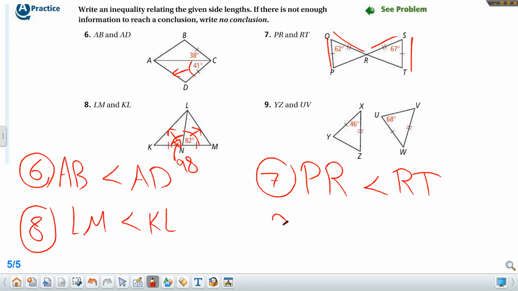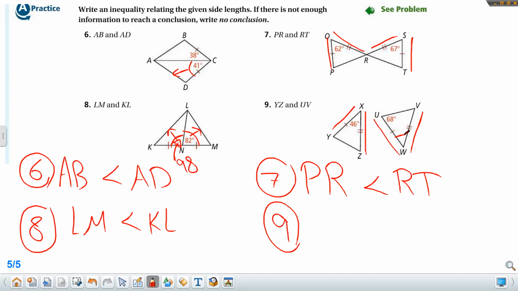Number 9: we have XY equals VW, and XZ equals VW. What about the included angles? The included angle in the first is 46. But what about the included angle in the second? We don't know it.